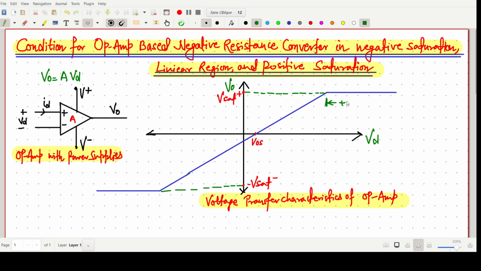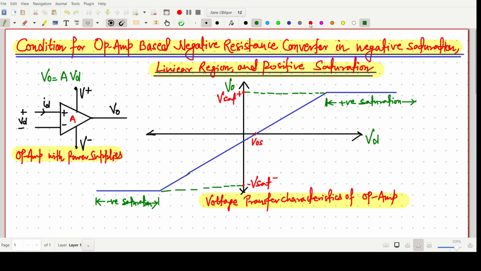This portion is for positive saturation, and similarly this portion is our negative saturation region.